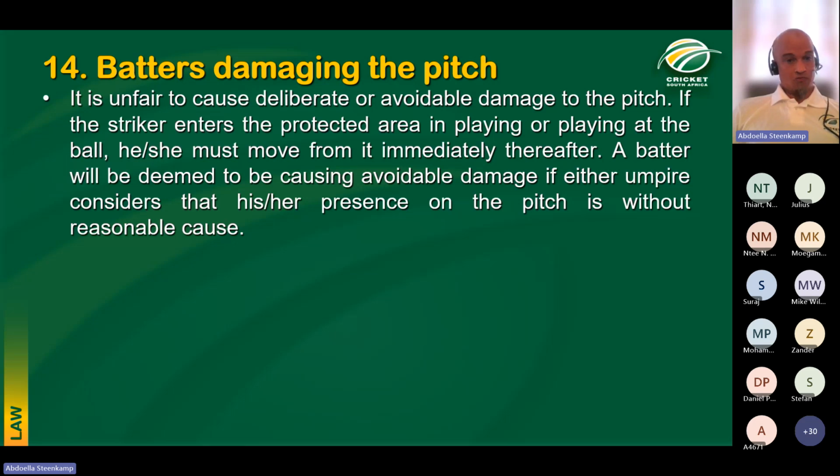But then the law goes further by telling us, yes, we'll allow the striker to go in there if there's a reasonable cause, like in the example, spinner bowling, striker double stepping or triple stepping to get to the pitch of the ball. So yes, the striker is now in the protected area, but as soon as the shot is played, the striker then needs to get out of the protected area, get off the pitch as soon as possible.